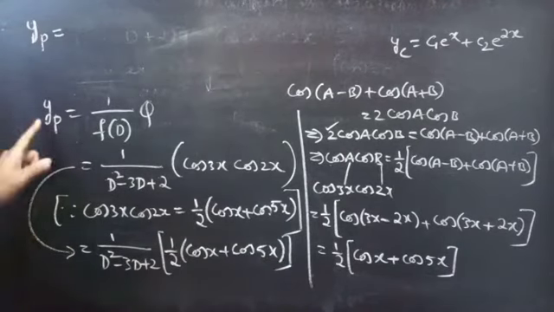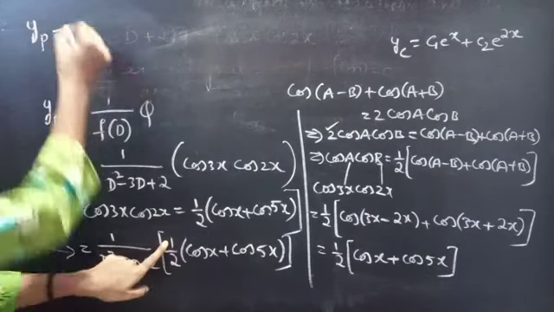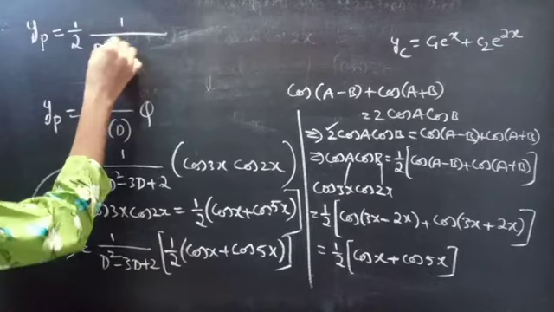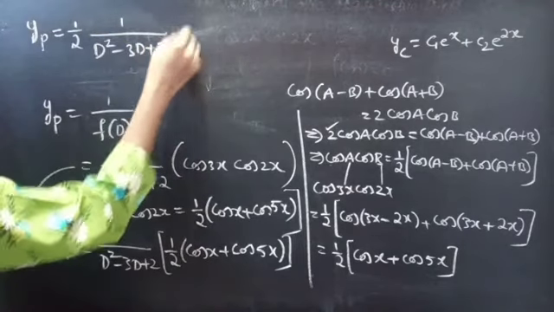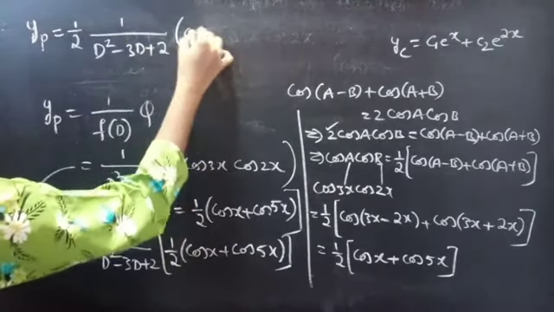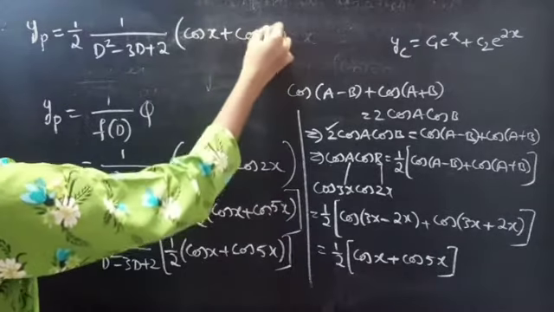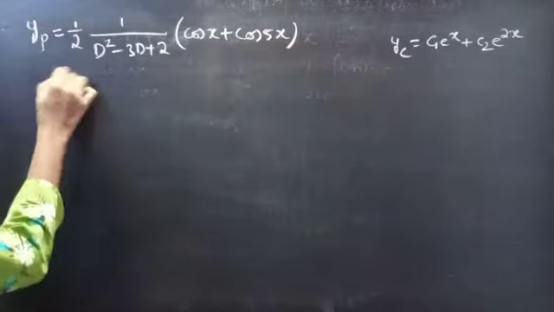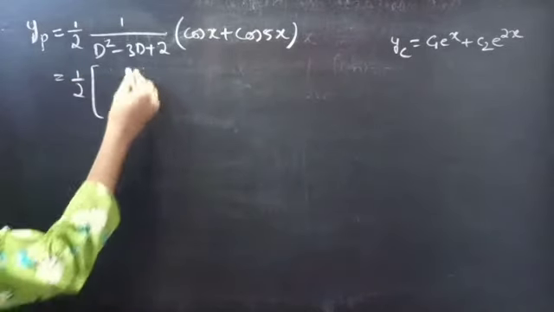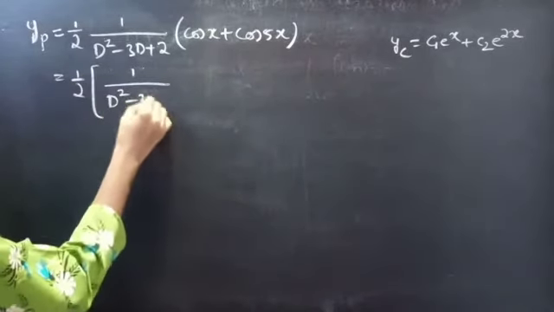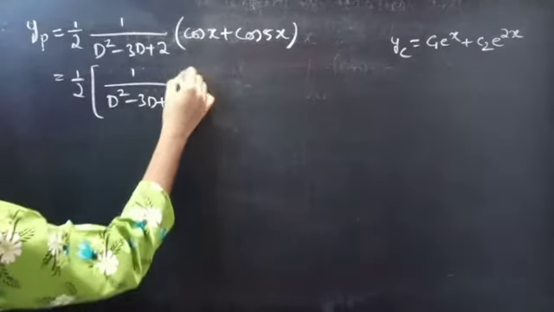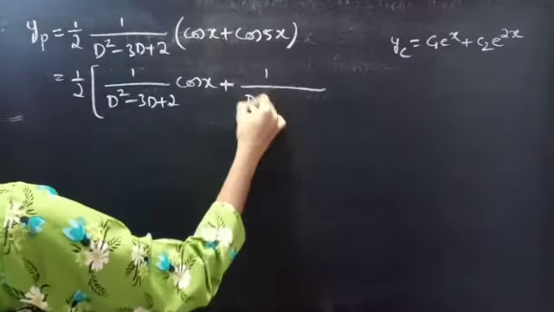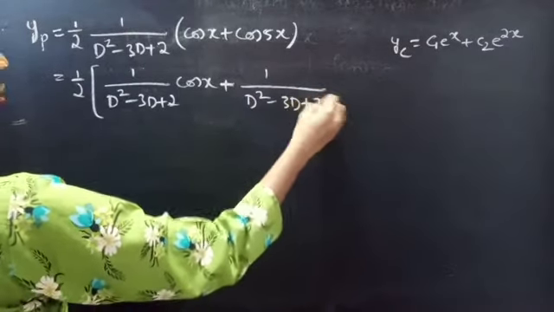Now we can write this yp as the constant 1 by 2 into 1 by f of D, that is D square minus 3D plus 2, into cos x plus cos 5x, which equals 1 by 2 into [1 by f of D into cos x plus 1 by f of D into cos 5x].